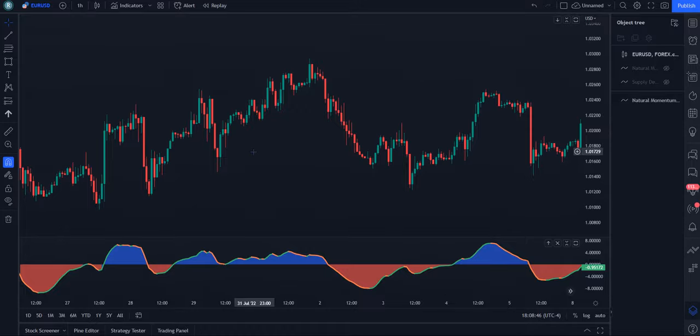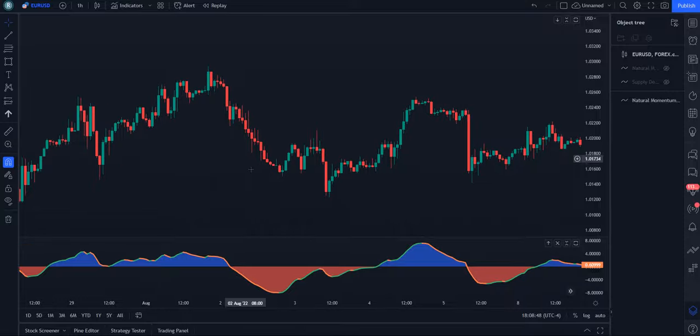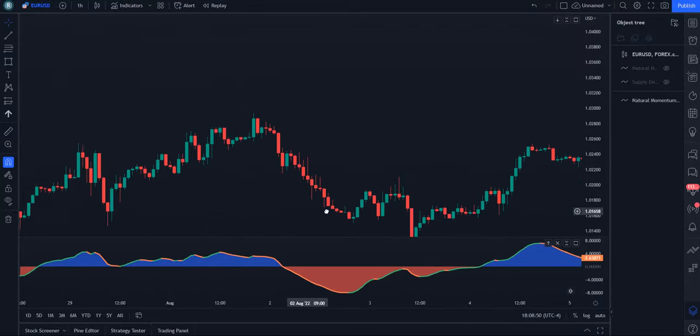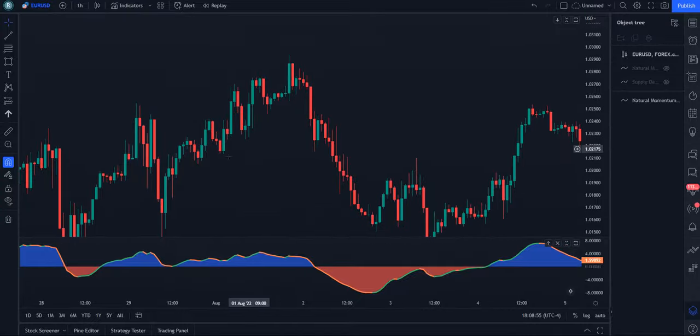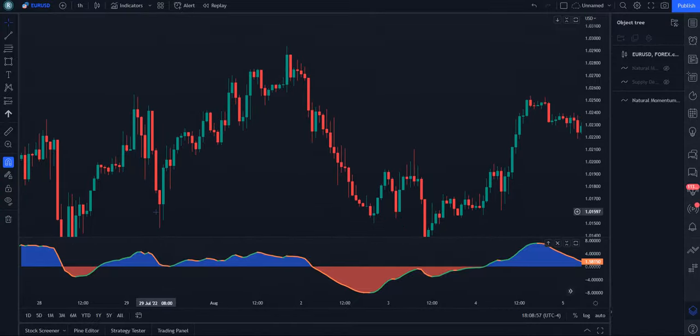So let's just go over some examples. Start here. As we can see, price is moving up, and as it's doing so, the line crosses above the zero line, indicating bullish momentum. And we can see for most of the way, we've got the green line, turns orange just for a candle or two, green, and then orange.